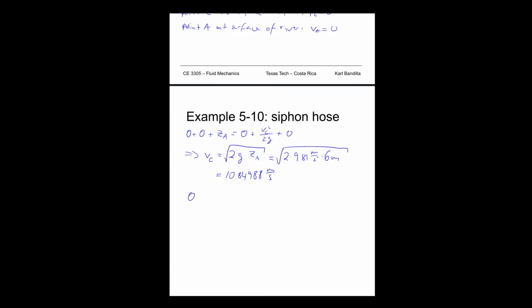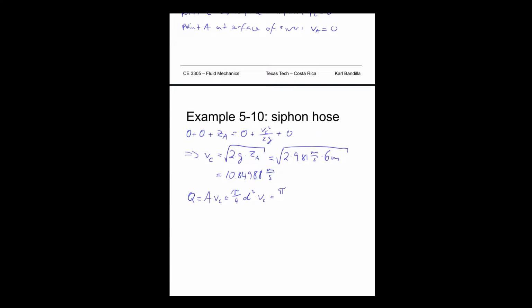So of course that's just Q equals A times VC. Don't have to really say AC, right? Because the diameter of the hose is constant. So all we have to do is pi over 4 d squared times VC.